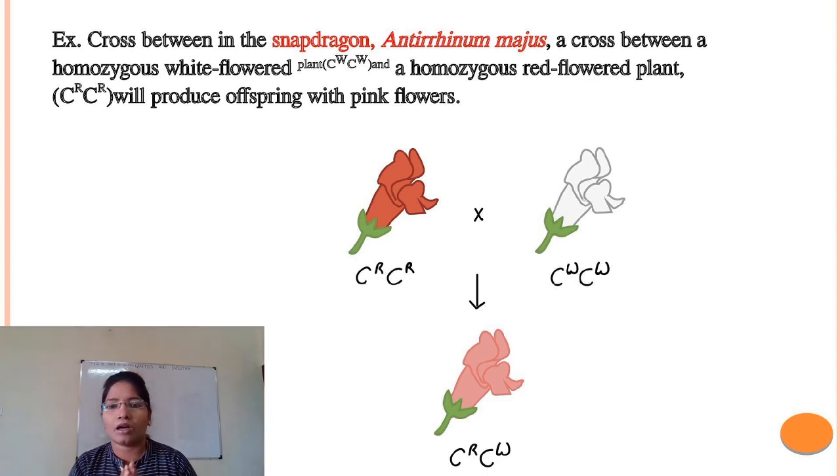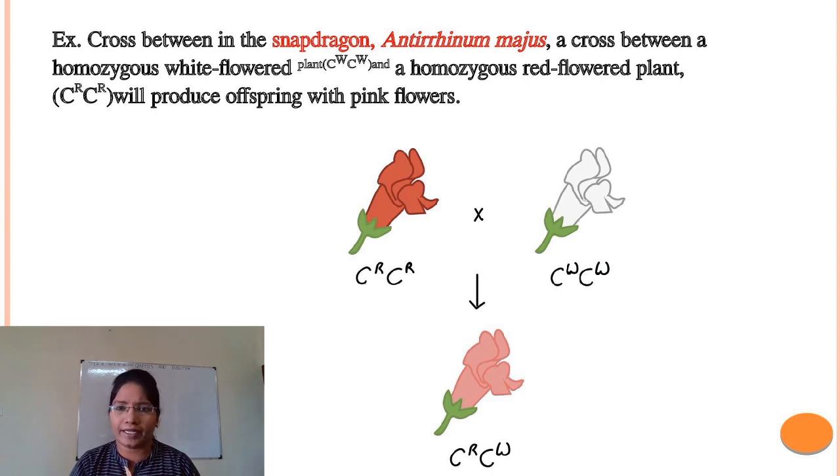When a cross is made between a homozygous white flowered plant, genotype CW, and a homozygous red flowered plant, genotype CR, in the F1 generation we get CR CW, which is in heterozygous condition.